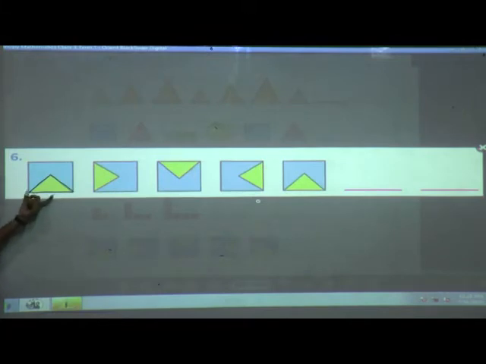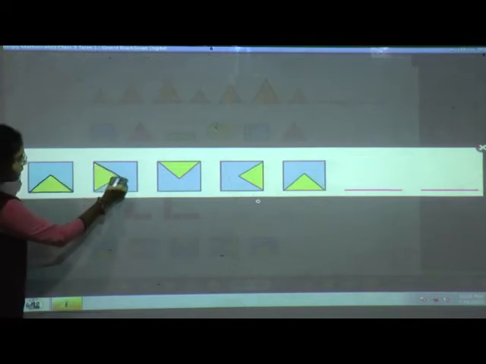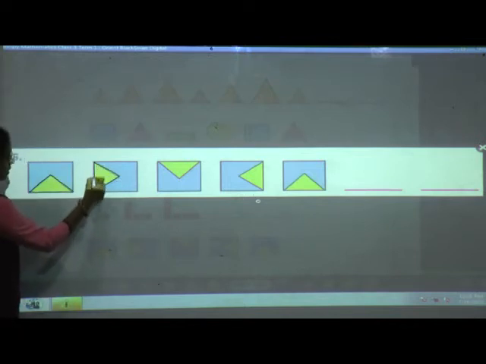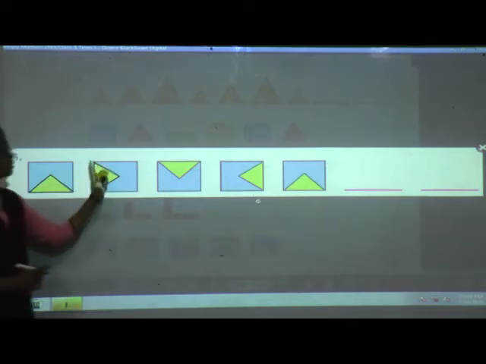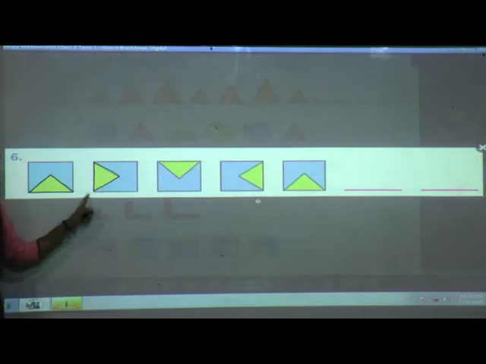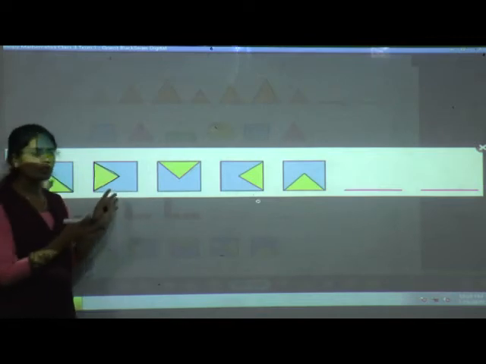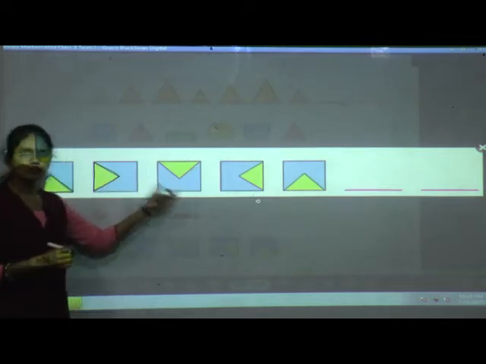Now this is a pattern by turning the triangle. Now see this triangle. Here if we will turn the triangle, it will come in this way and give the same color only, yellow. Okay, first you have to draw square, and inside the square you have to draw triangle, and in this pattern only the thing is you have to turn the triangle.